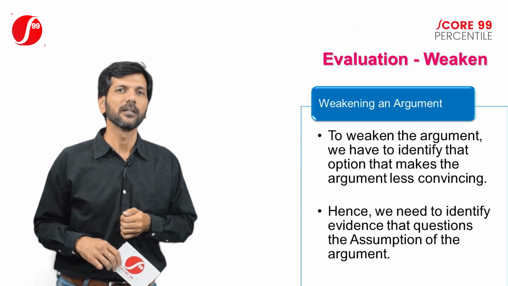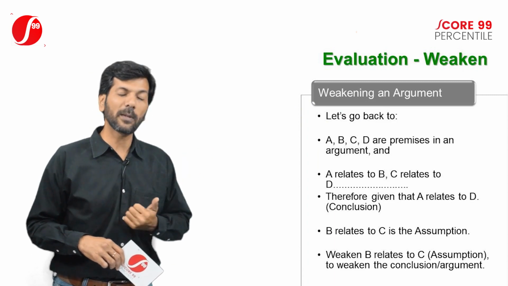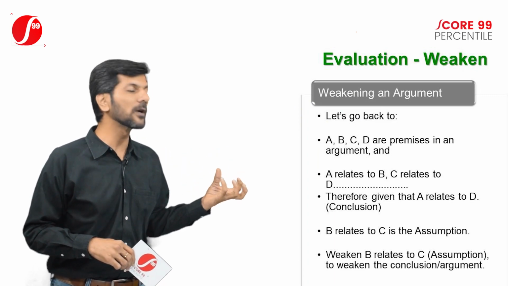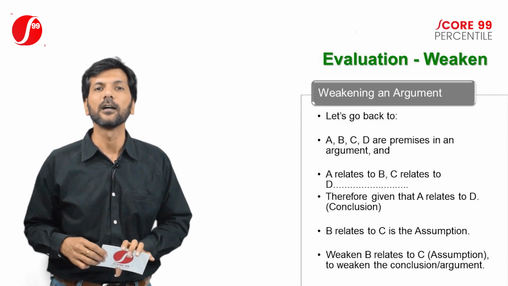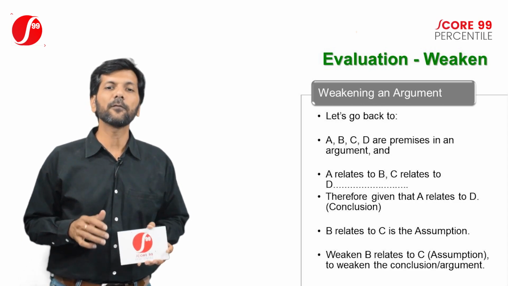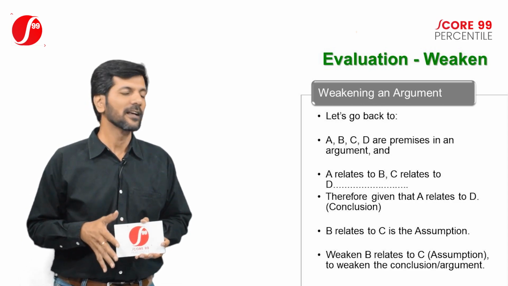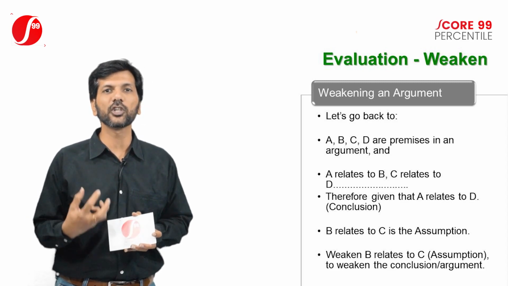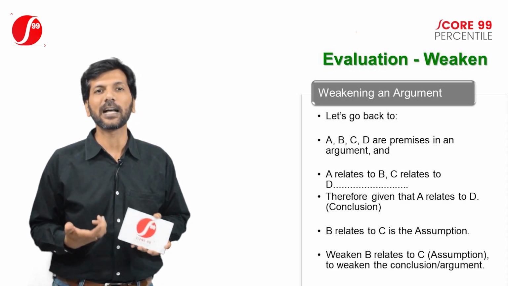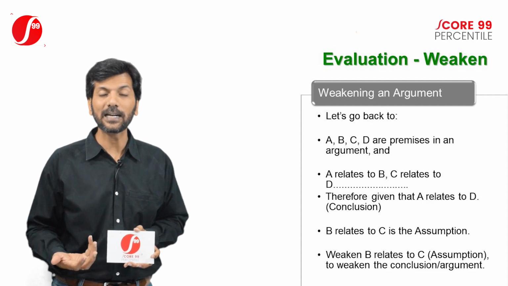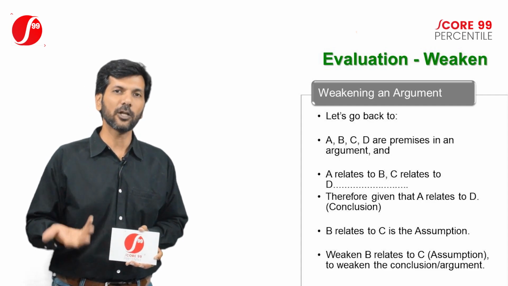That's what we do here. Going back to our mathematical representation, we know that B relates to C is our assumption. Now we have to find evidence that can actually question the logic of B relates to C as such. If we are able to successfully do that, then we have weakened the argument.